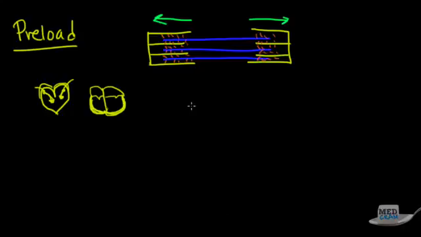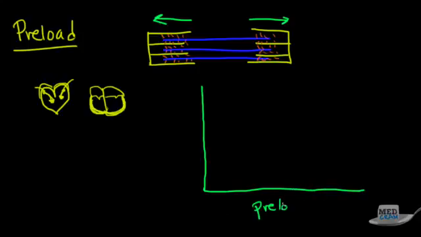And you'll notice that there's a relationship that occurs in preload, okay? If we put preload here, so basically what's preload? Preload is how big is the ventricle right before it contracts. We call this the end diastolic volume, okay? End diastolic volume.